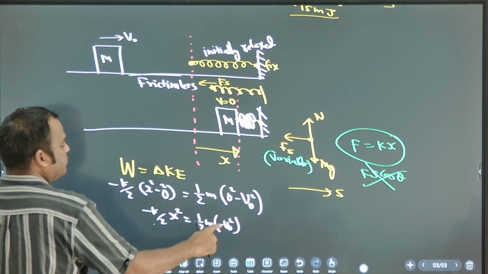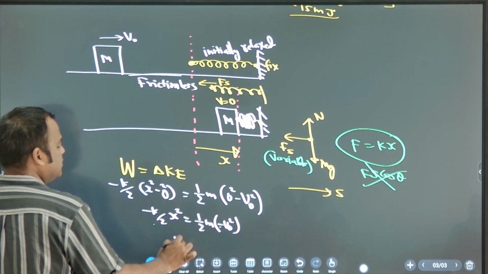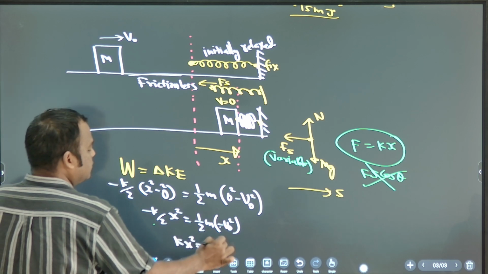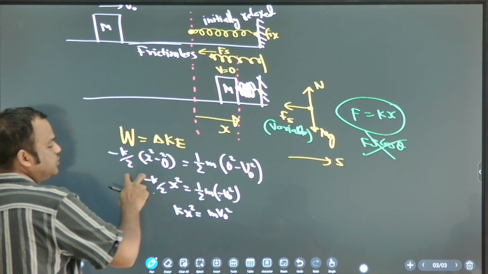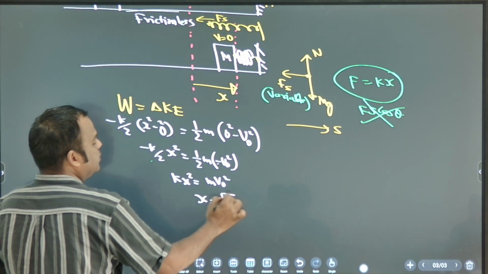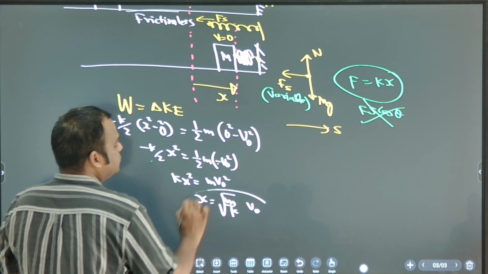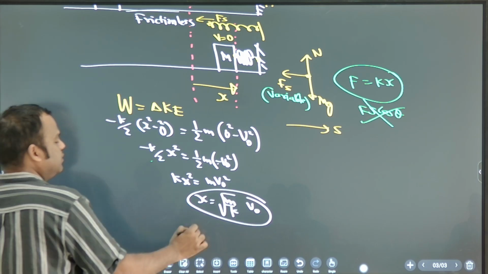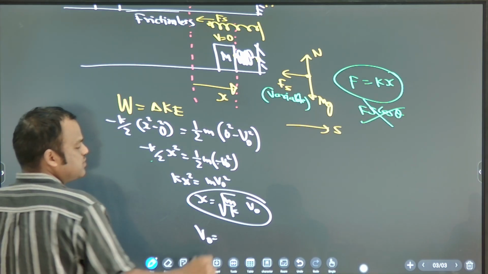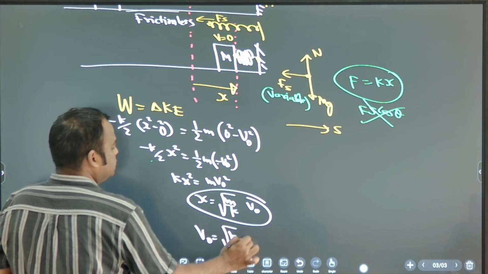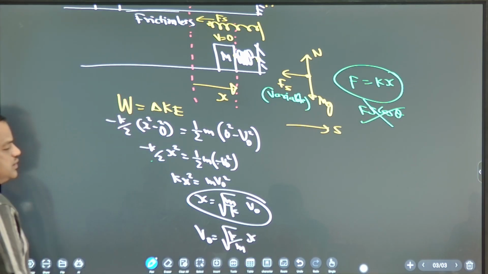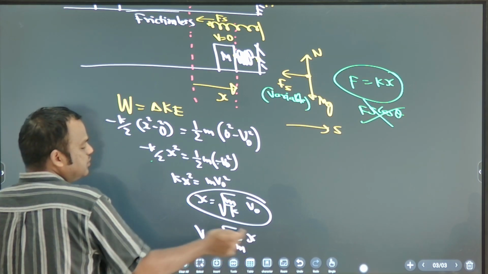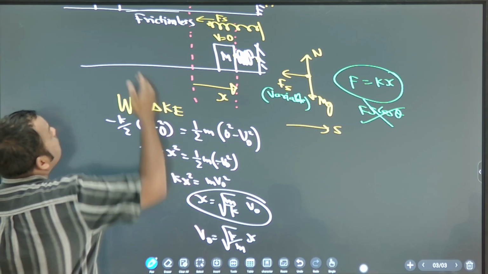Minus minus cancel, 2 cancels. So kx square is equal to m v naught square. So x is square root of m by k into v naught. Understood? And v naught is square root of k by m into x. If final compression is given, you can find the initial speed of the block.